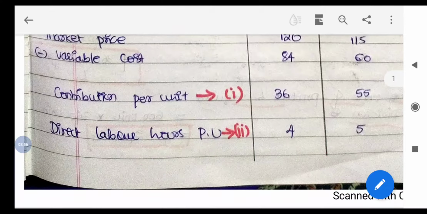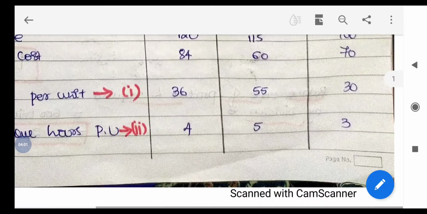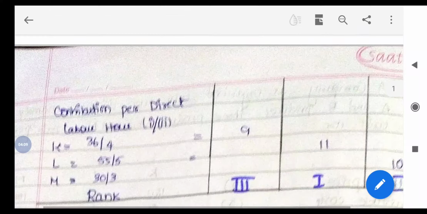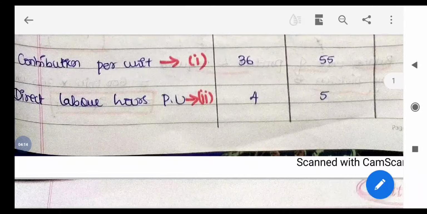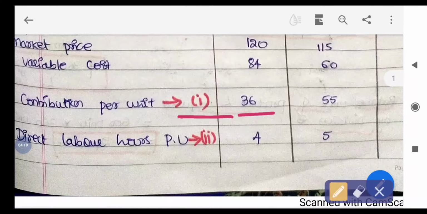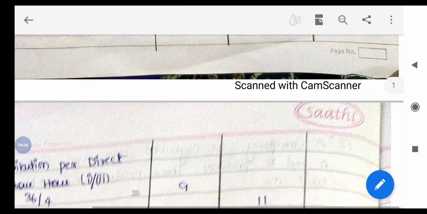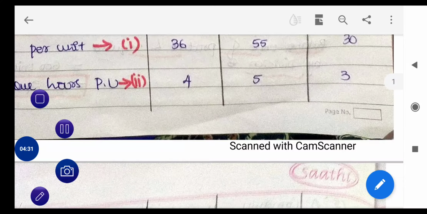So 36 by 4, 55 by 5 and 30 by 3. 36 by 4 is 9, 55 by 5 is 11 and 30 by 3 is 10.